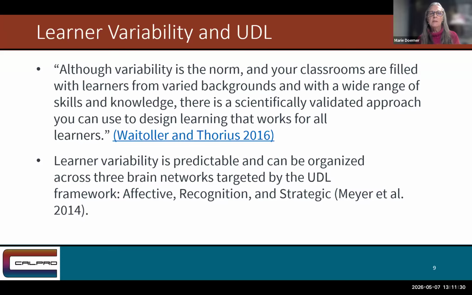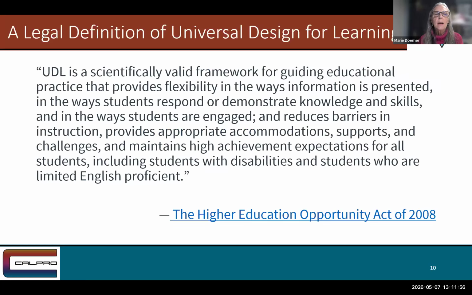And you also get a website that will give you more. We know learning variability is predictable and can be organized across 3 brain networks targeted by the UDL framework: the affective, recognition, and strategic networks. And so that's what we'll be talking about and break things up for you.